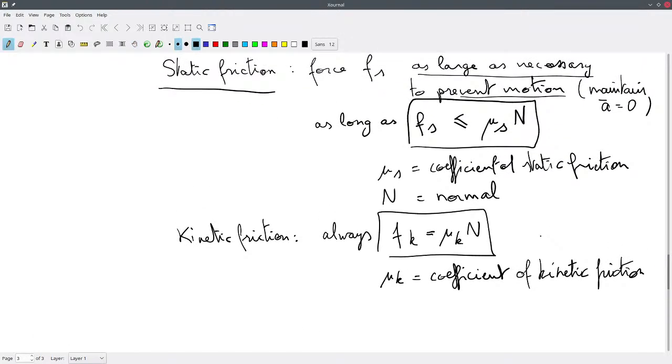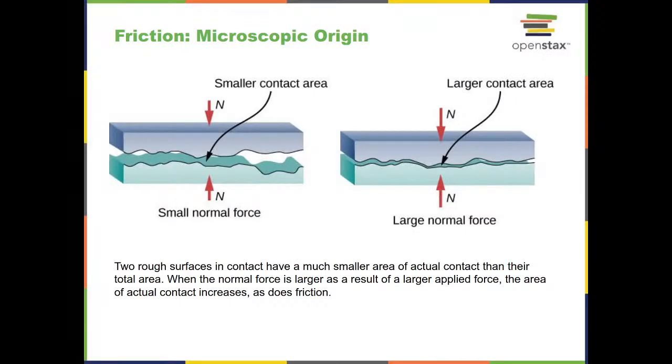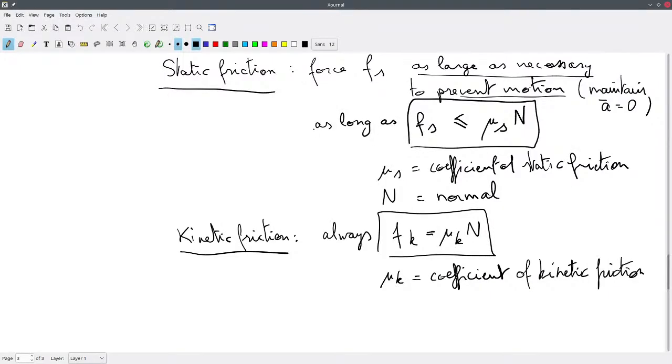And just to give you an idea, there's a couple of different values for these coefficients of friction. For example, rubber, a tire on asphalt, on the road, mu static is about 1.